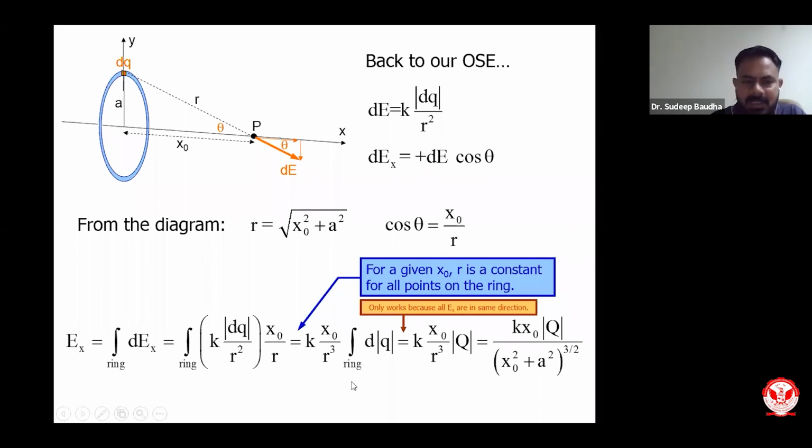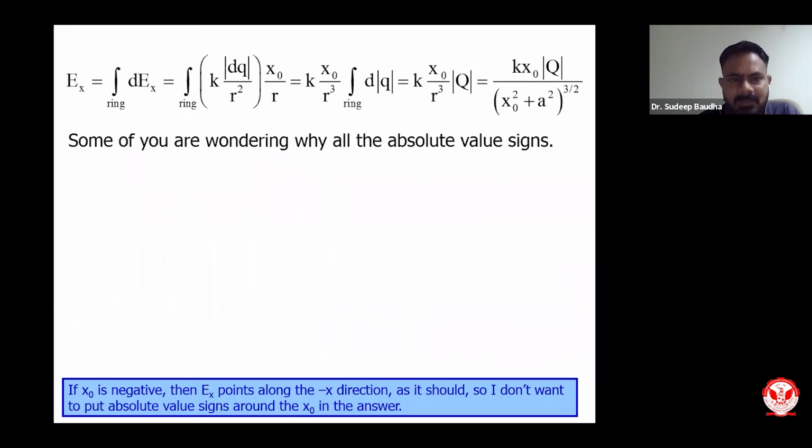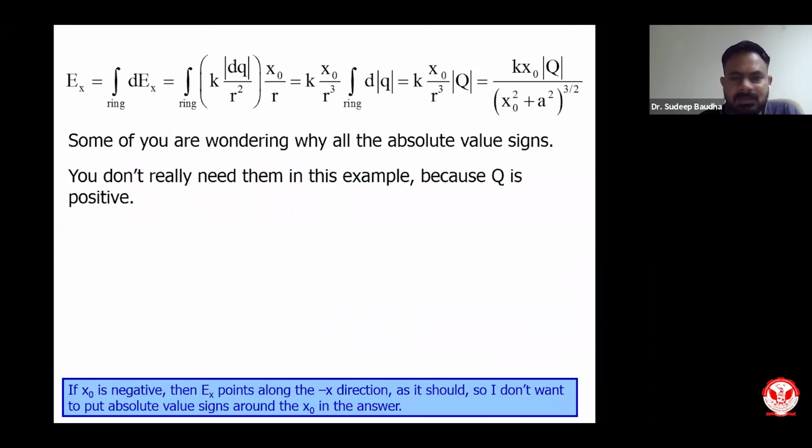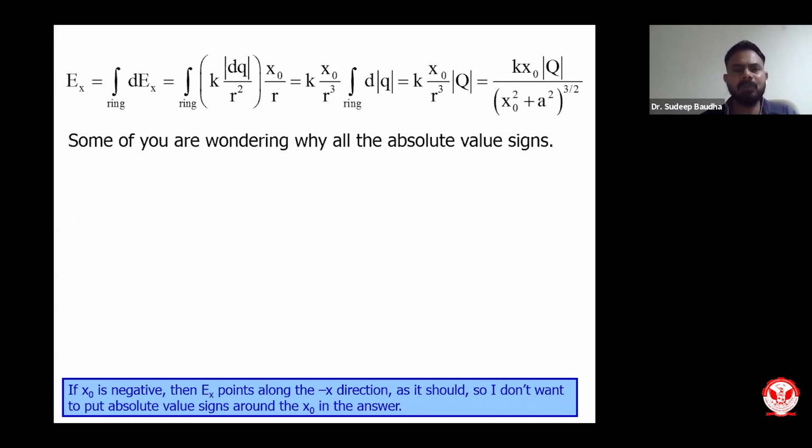Finally, I get Ex, the actual amount of electric field, as k x naught mod of q upon x naught square plus a square to the power 3 by 2. Okay, so this is how you have done the derivation for a ring. Any questions with this? I expect many questions for this type of calculation.